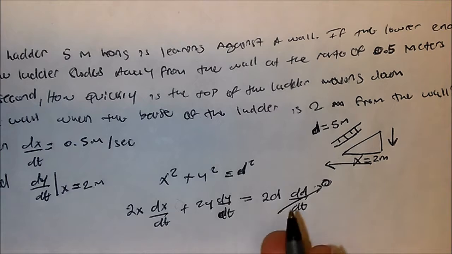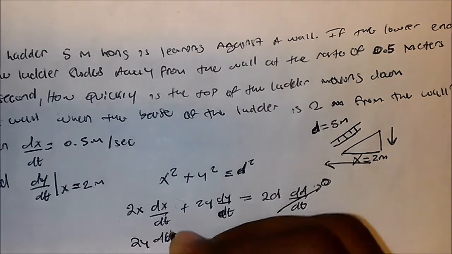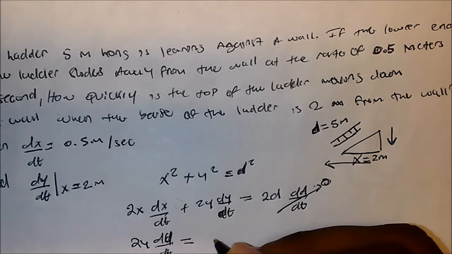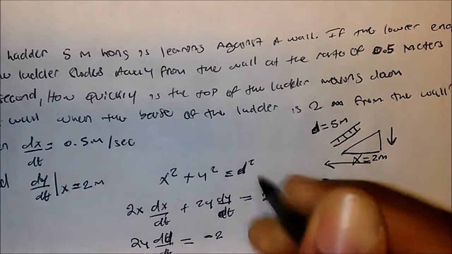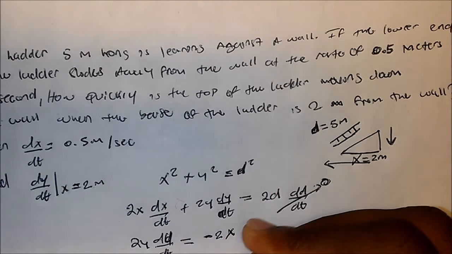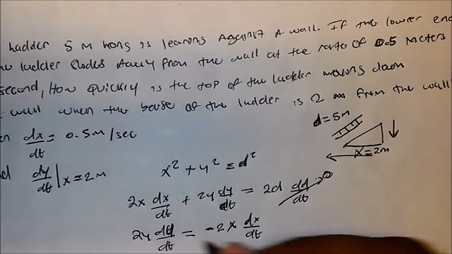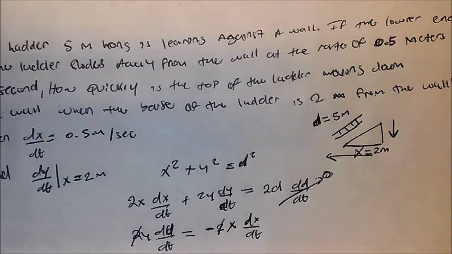So now we're solving for dy dt. We could just subtract this on the other side and we get 2y dy dt is equal to negative 2x dx dt. All right, now we could just divide by 2 on both sides and these will cancel out.